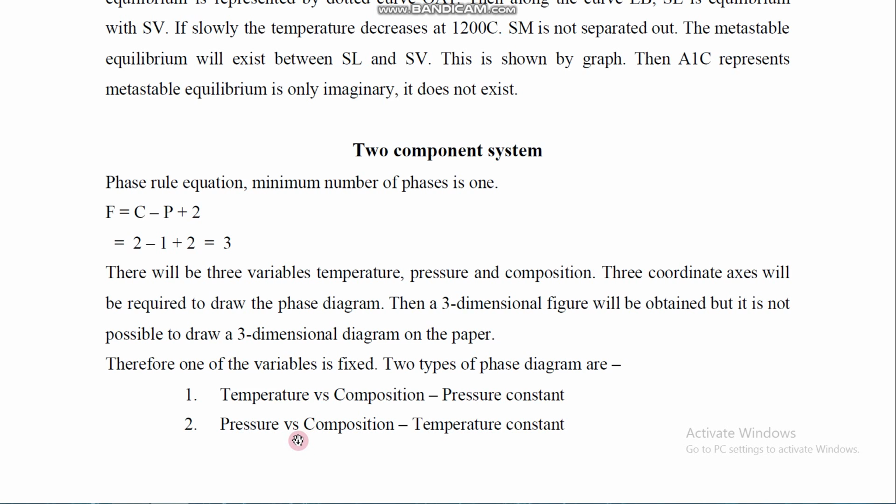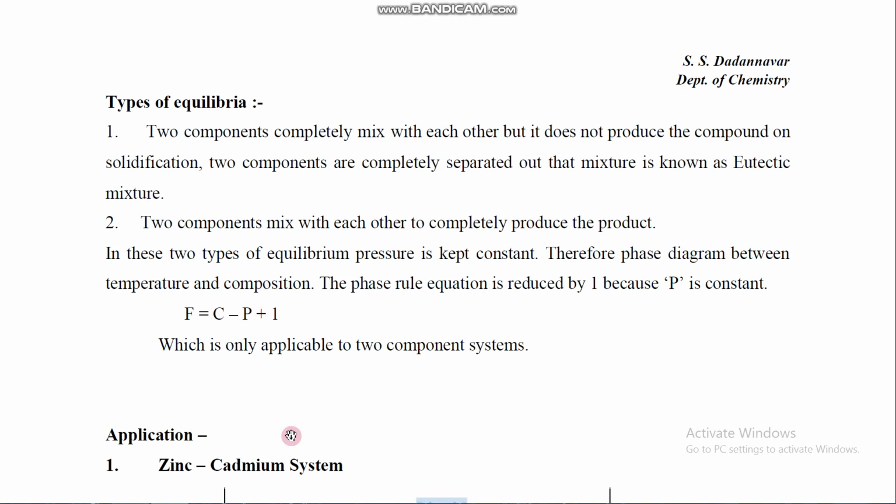But usually what happens is that two components mix completely with each other, but do not produce any compound on solidification. The components are completely separated out, and that mixture is known as a eutectic mixture. Correct? And similarly, two components may mix with each other to produce a compound. In these two possibilities, pressure is kept constant.